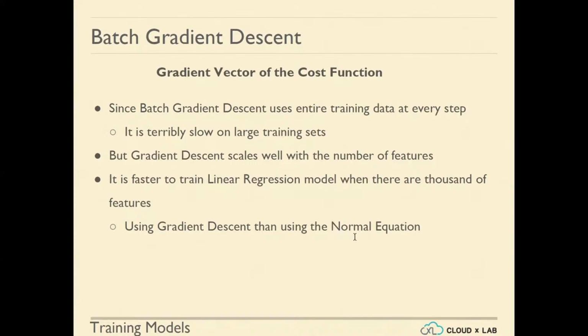In normal equations, we have to invert a matrix of size features cross features, right? So if there are thousands of features, then we have to invert a matrix of size 1000 cross 1000. So we will use the normal equation if we have a small number of features, right?